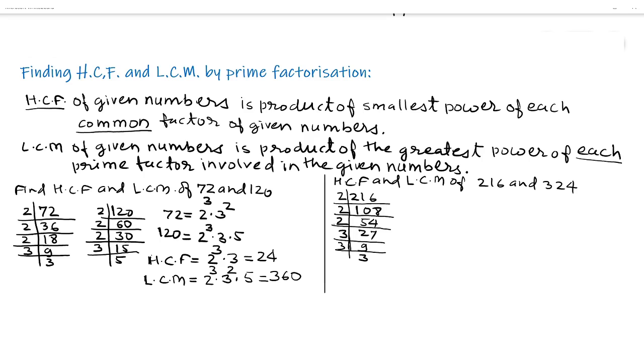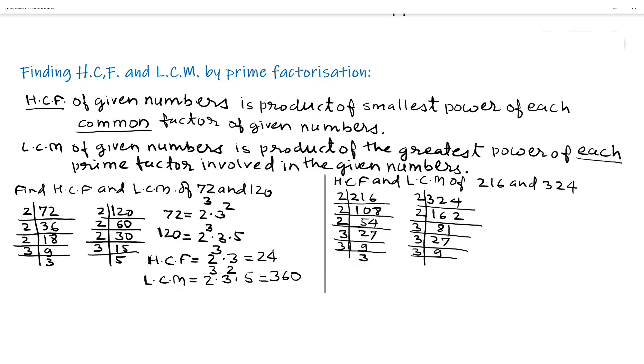Now we prime factorize 324. On dividing by 2 we get 162. This is further divisible by 2. We further divide it by 2. It gives us 81. Now it is not divisible by 2. We divide it by 3. This gives us 27. We further divide it by 3. This gives us 9. This is further divisible by 3.